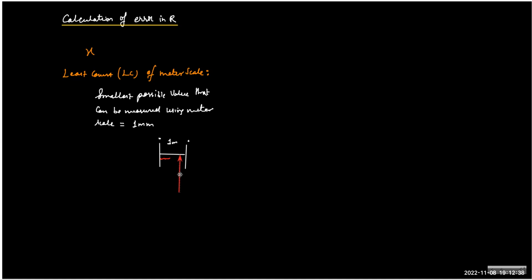No. So what is the maximum value that we cannot measure? 1 millimeter. So the least count is also called the maximum possible error of an instrument. What is the least you can measure is also the most you can't measure.